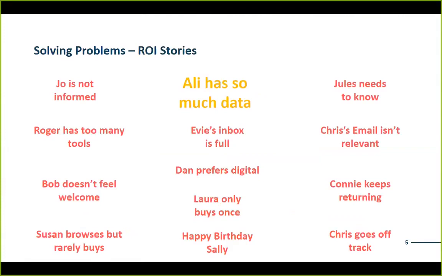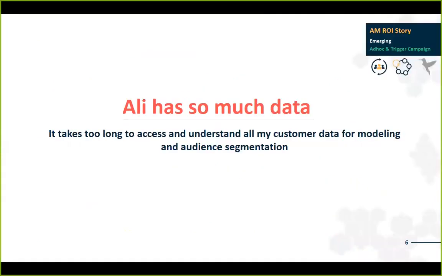I'm going to focus on one of these, Ali has so much data. But we've got a whole number of other ways that our technology is also used by people, and it's just to help put it into context of the business benefits you can get from using our technology to solve those challenges we all face. So without further ado, let's go into Ali has so much data.